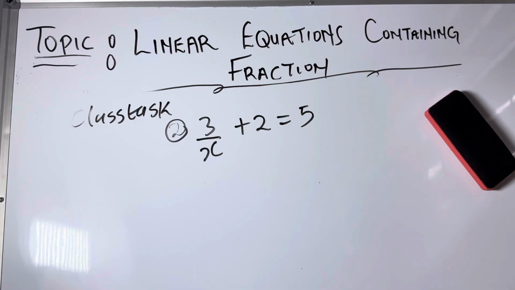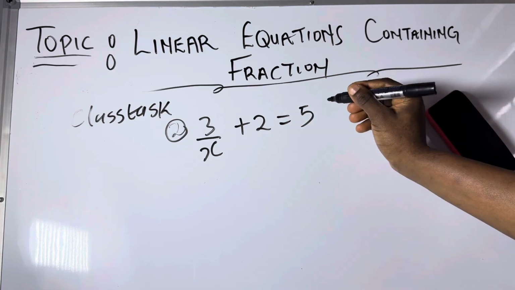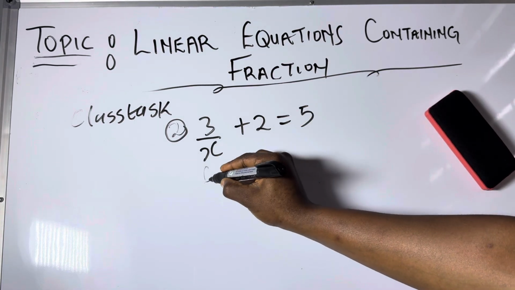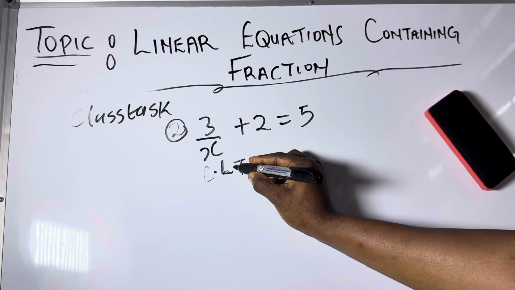1, 2, 3, 4, 5, 6, 7, 8, 9, 10. Now, the first thing here is to collect like terms.